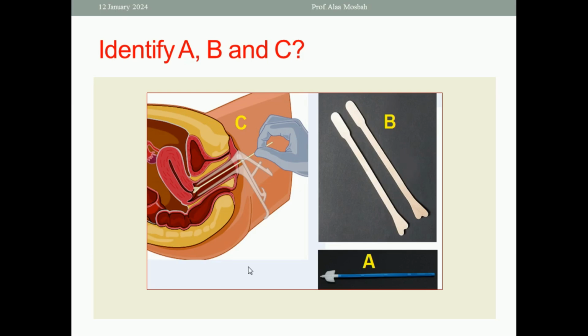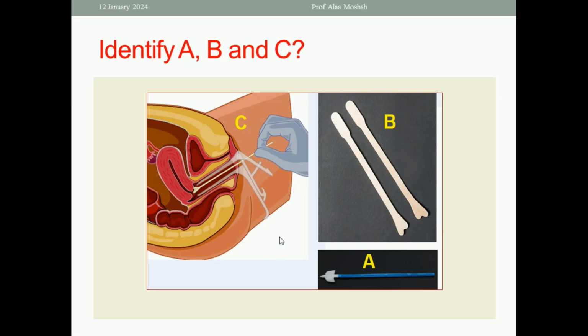When to start this screening program? In some countries it starts at the age of 21, then is repeated every 3 years until the age of 29.